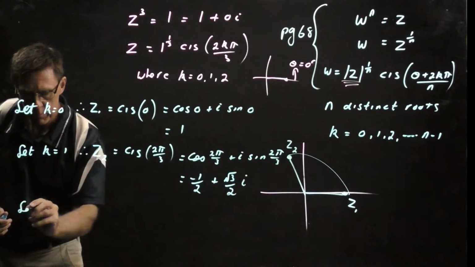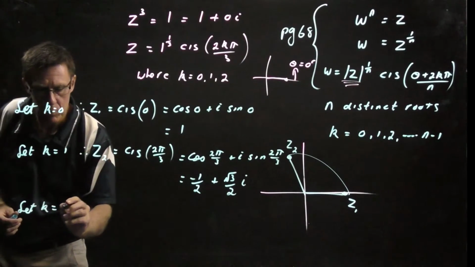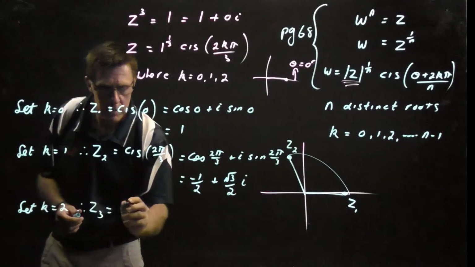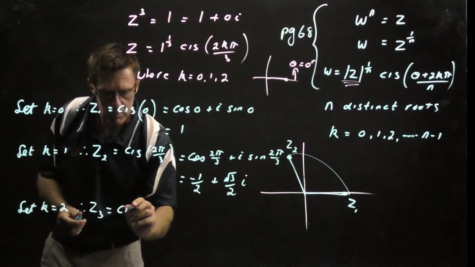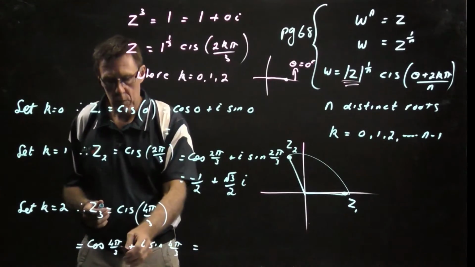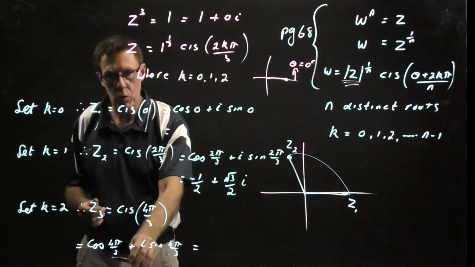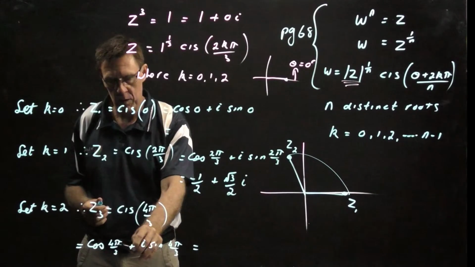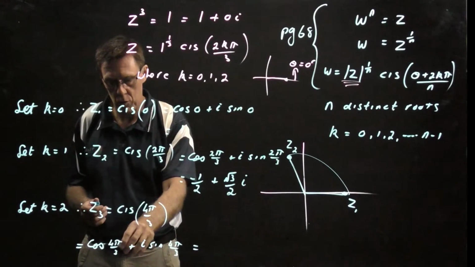Third solution. Let k be equal to 2. Therefore the third solution will be as follows. Once again, we've gone one lot of pi on 3 past the horizontal, so we're 60 degrees into the third quadrant.